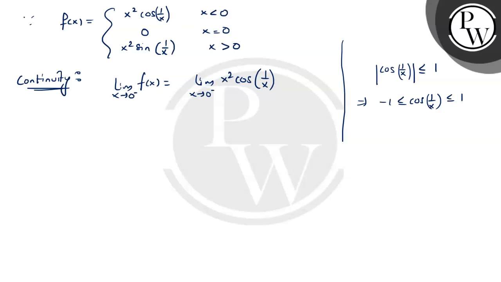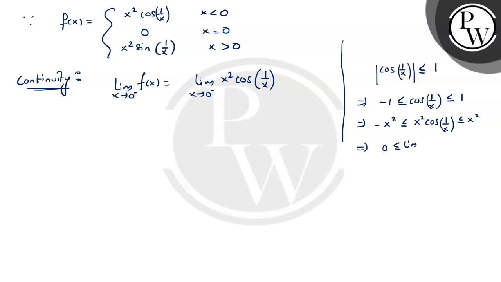If we multiply by x squared throughout, we have minus of x squared times 1 less than equal to x squared times cos of 1 divided by x less than equal to x squared.